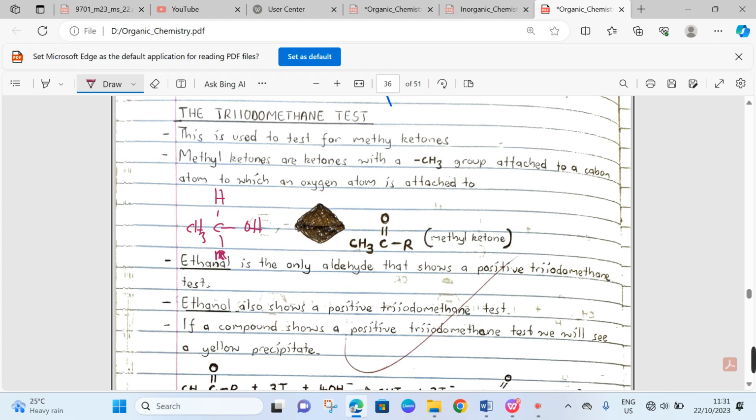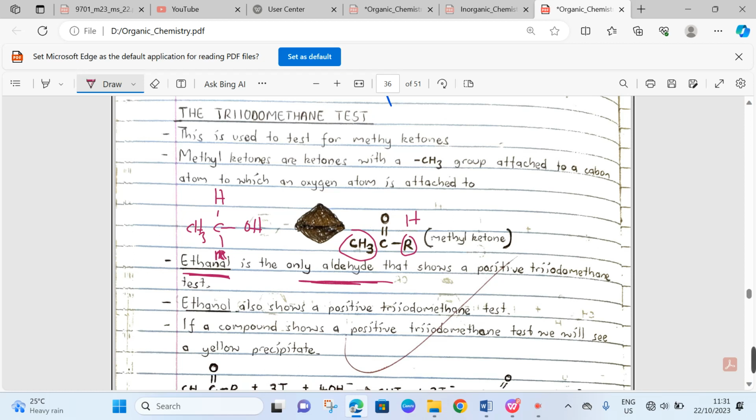A ketone is a carbonyl with two other groups. But a methyl ketone, one of the other groups is a CH3 group. So here's a takeaway from this. Ethanal is the only aldehyde that shows a positive triiodomethane test. Ethanol also shows a positive triiodomethane test, but ethanol is just an alcohol, a methyl alcohol.